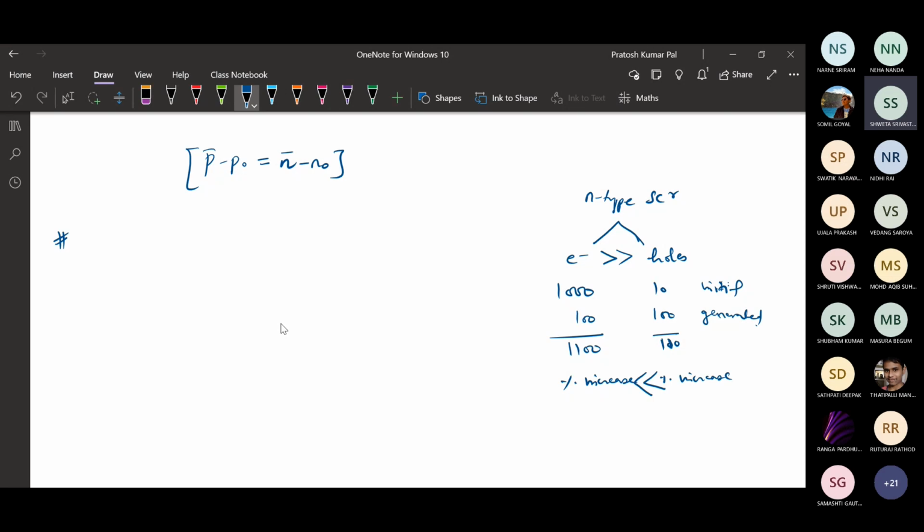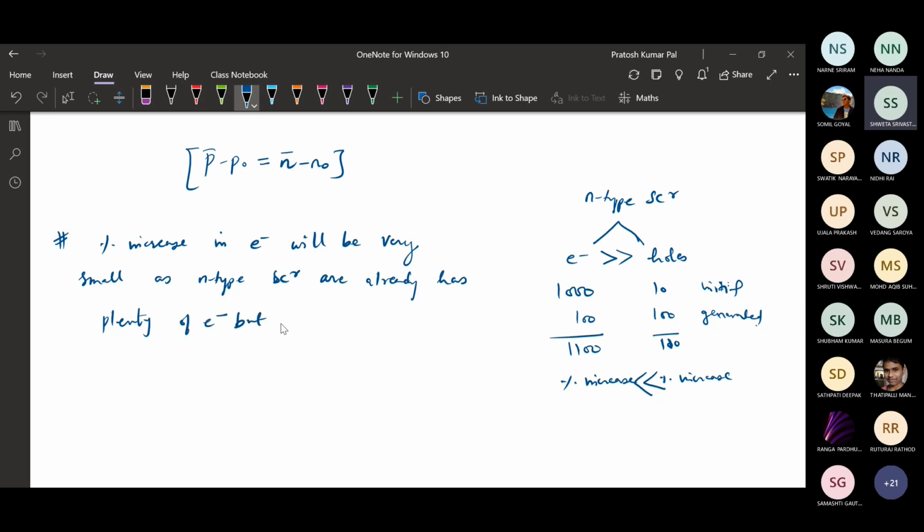So we can note this point here: the percentage increase in electrons will be very small, as n-type semiconductors already have plenty of electrons, but in case of holes, there will be a significant increase in hole concentration, or we can write minority concentration.